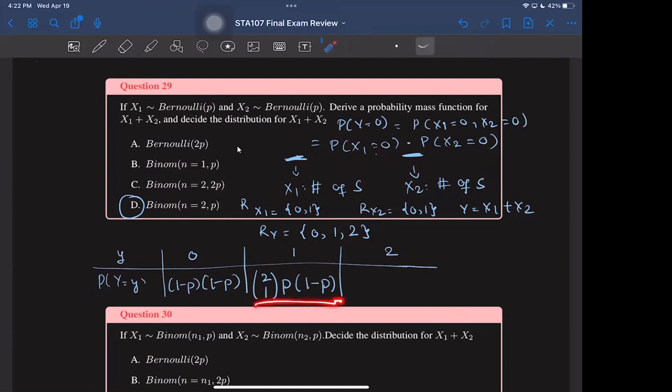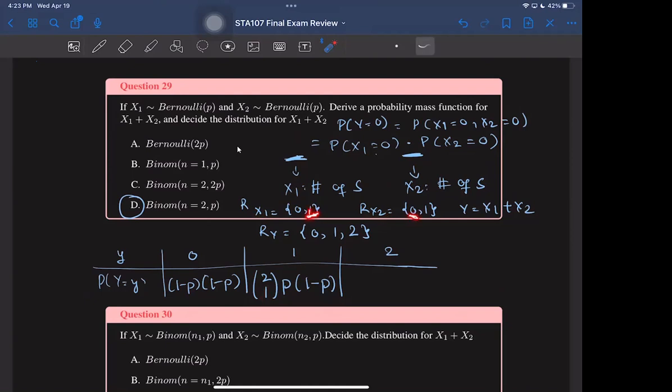Does this make sense? So here, out of x1 and x2, I choose one of them to take on value 1. Let's say x1 takes on value 1, so x2 will take on value 0.